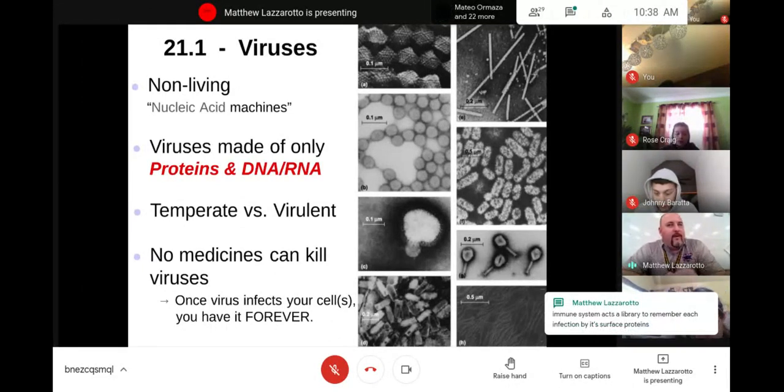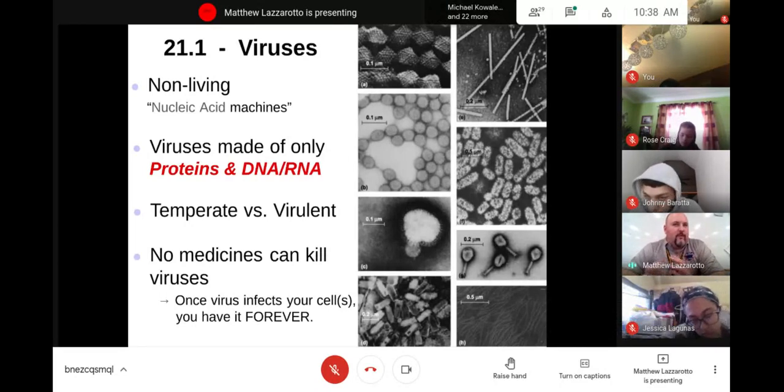So every pathogen has a certain surface set of proteins that help your immune system recognize it. And if it's a new virus to your body, then your immune system is not going to work right away because it doesn't recognize it.